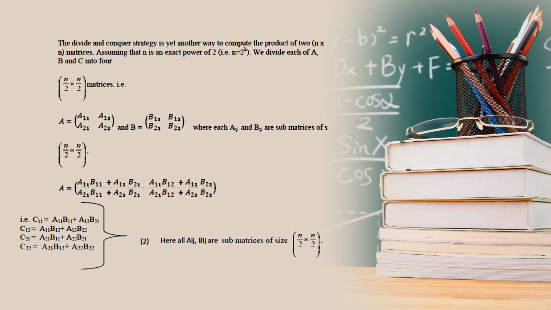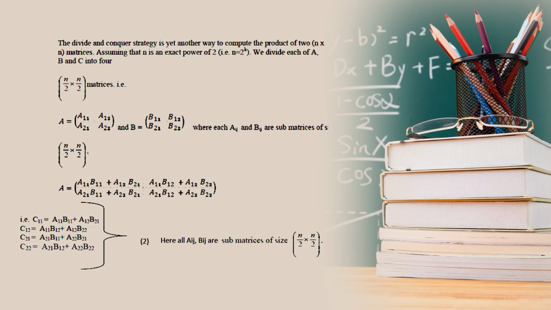Suppose we have taken 8 by 8 matrices. For A, there will be 4 sub-matrices, represented by A11, A12, A21 and A22. These are 4 matrices that represent a bigger matrix.